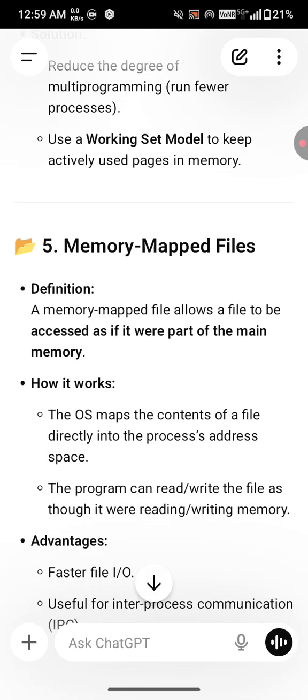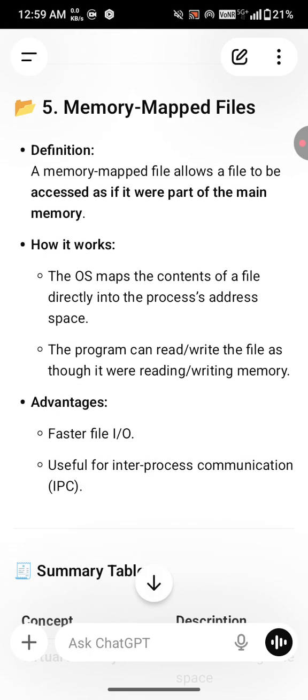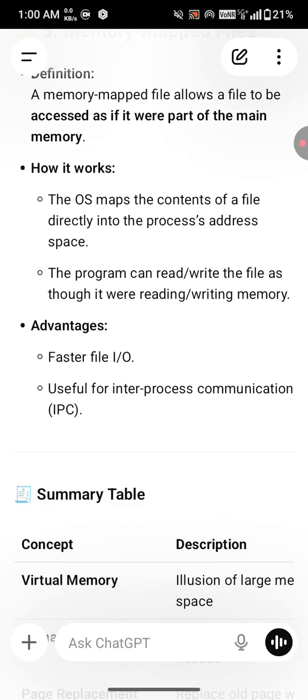How it works: the operating system maps the contents of a file directly into the process's address space. The program can read or write the file as if it were reading or writing memory. Advantages of memory mapped files: faster file input output, and useful for inter process communication (IPC).